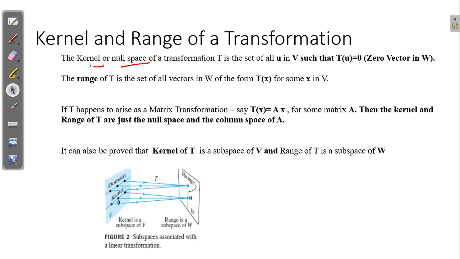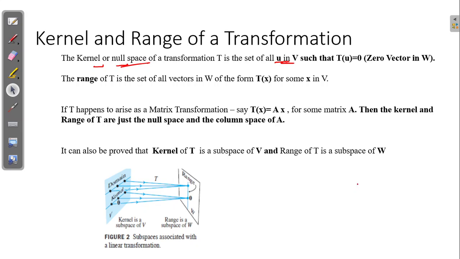Now the kernel, which can also be equated to the null space you have already studied, how you can equate that we will discuss. First of all, you should understand what you mean by the kernel, or null space, of a transformation. It is defined for a transformation T. It is the set of all vectors u in V.